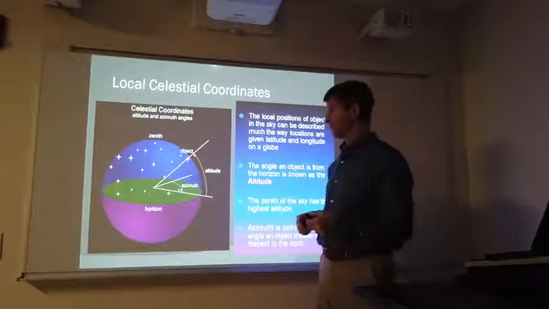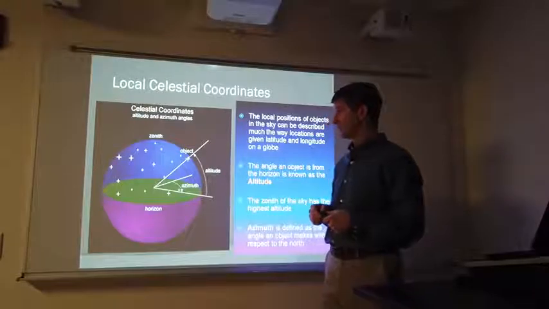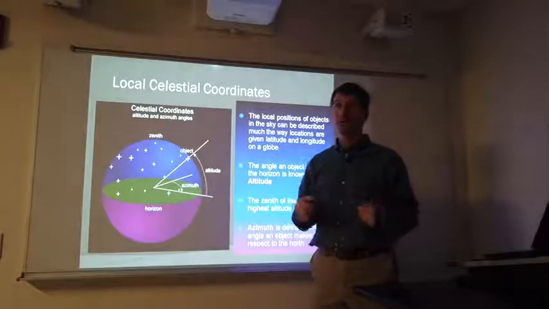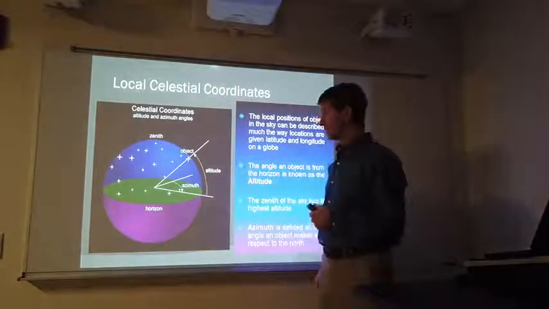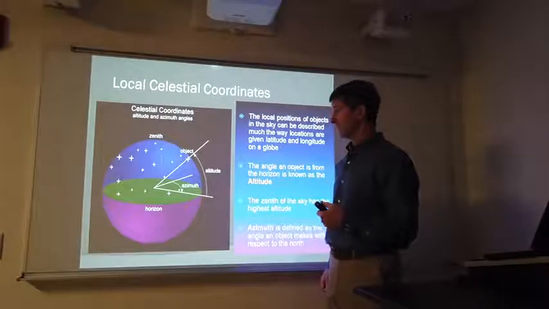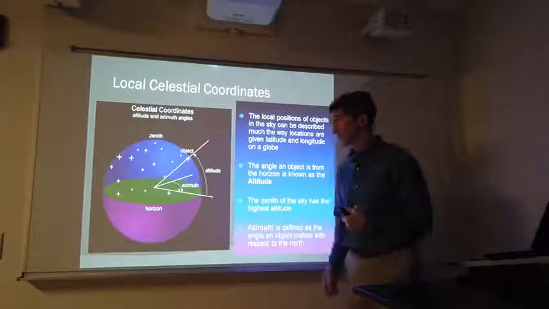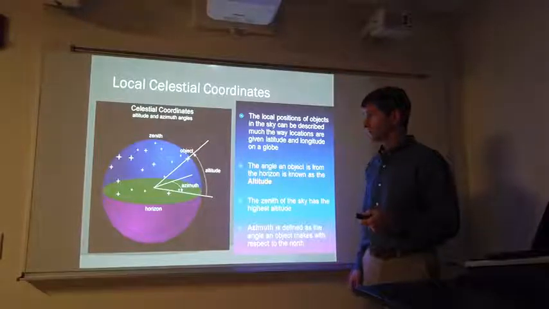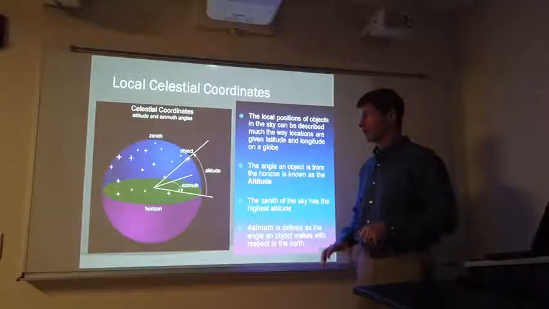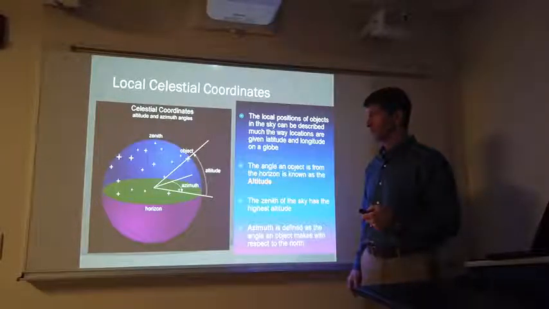Of course, if we have mountains or if we have buildings, that will raise the horizon a little bit. But if we have no topography around us, altitude would be the angle between the horizon and the object. Azimuth represents the angle between a particular direction, usually north, and where the object is. So it allows us to represent on this two-dimensional surface where an object is located.